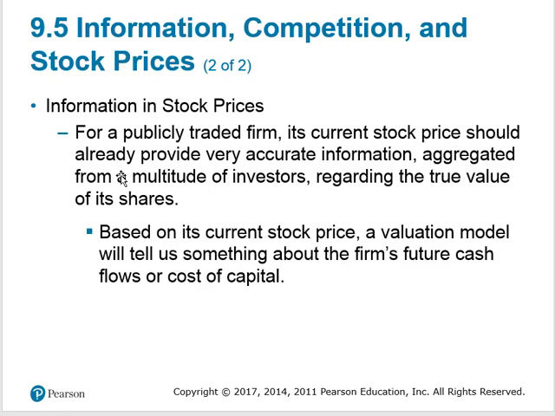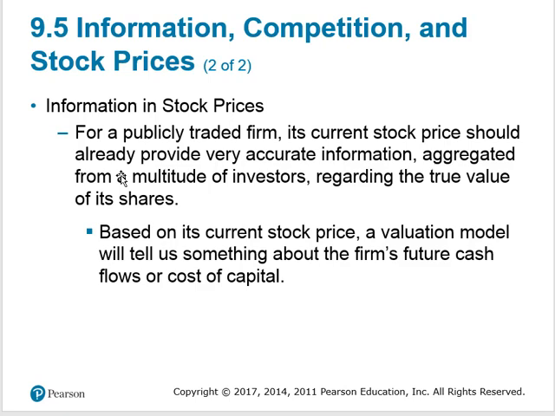For a publicly traded firm, its current stock price should already provide very accurate information, right? There are literally thousands and thousands of investors who are analyzing companies. Based on their analysis, the stock price that we see, we have to assume includes all the information that's known by the public, right?